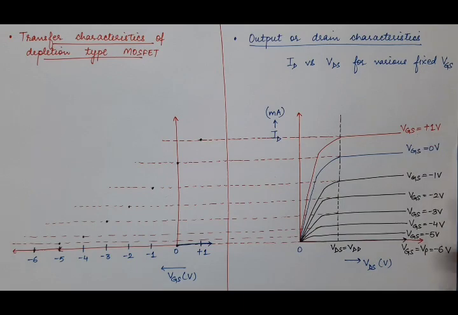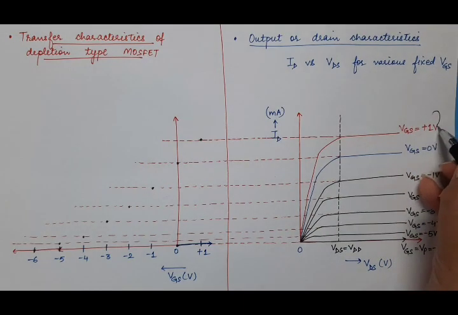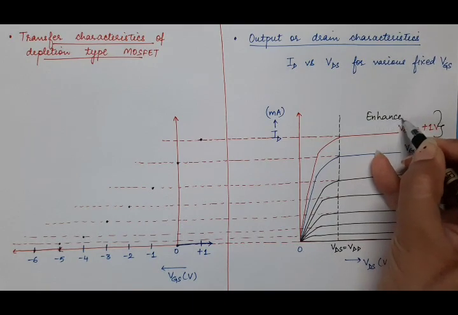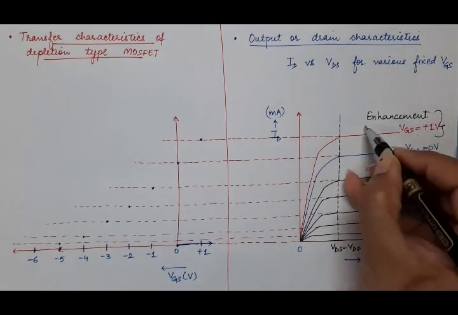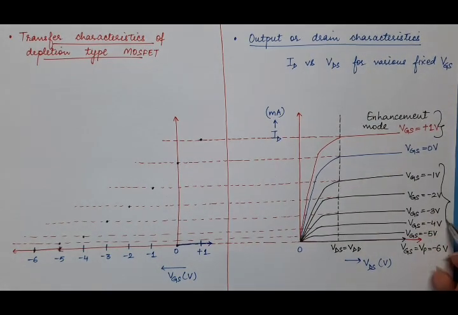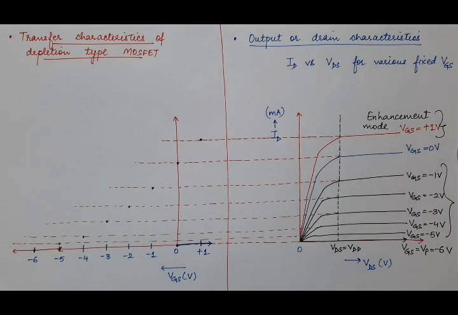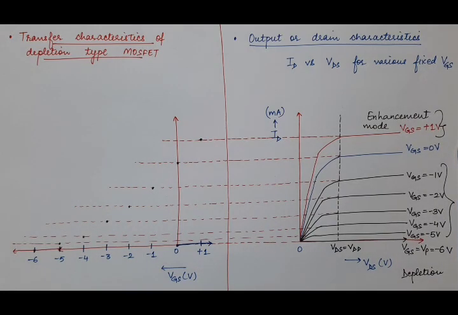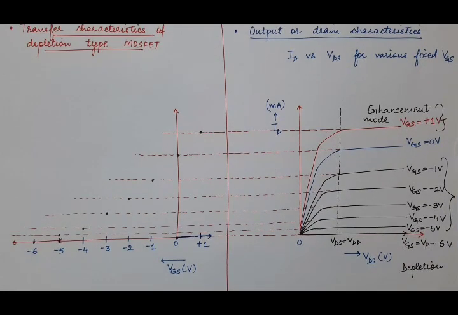So here we can say that the depletion type MOSFET works in enhancement mode. It has two modes: enhancement mode, and when VGS is negative, the depletion type MOSFET works in depletion mode, because here the drain current decreases because of the depletion of the charge carriers.